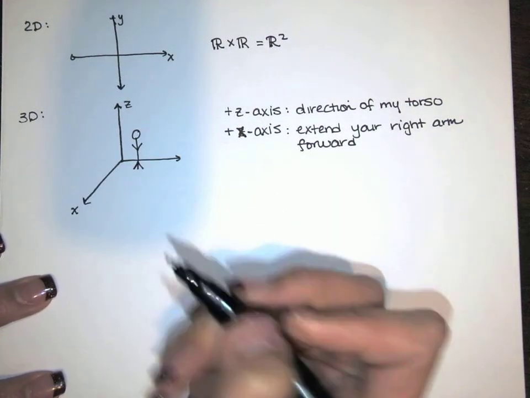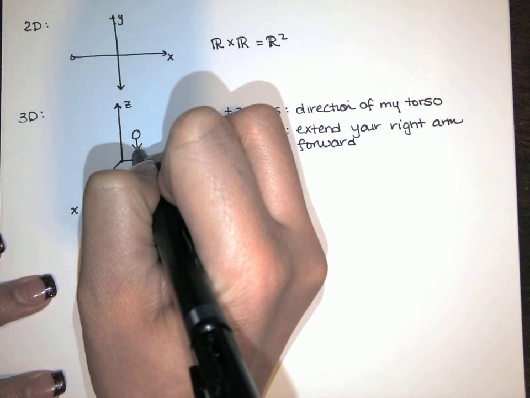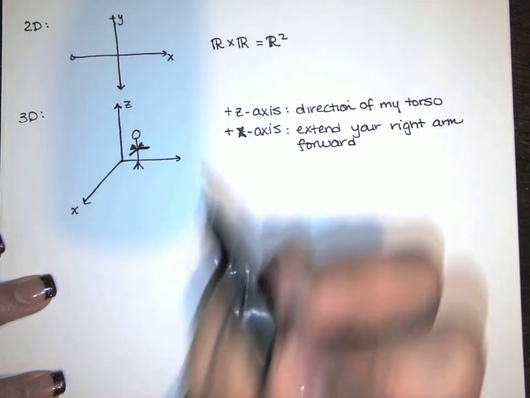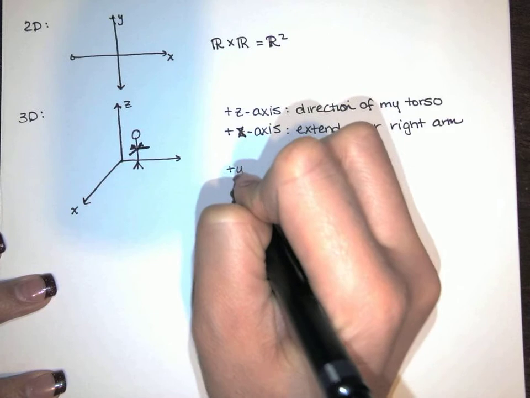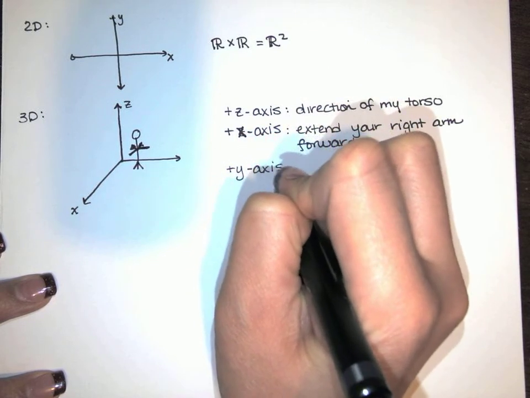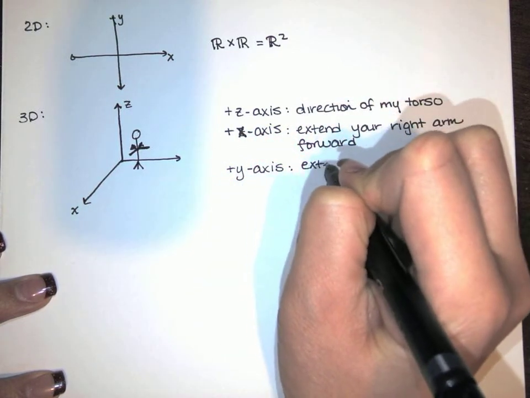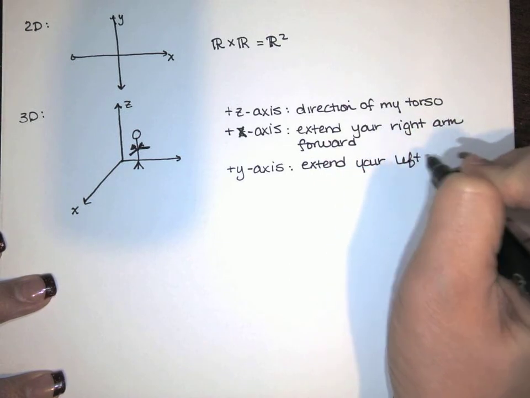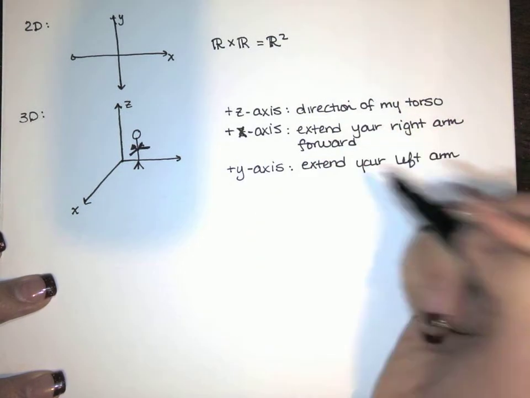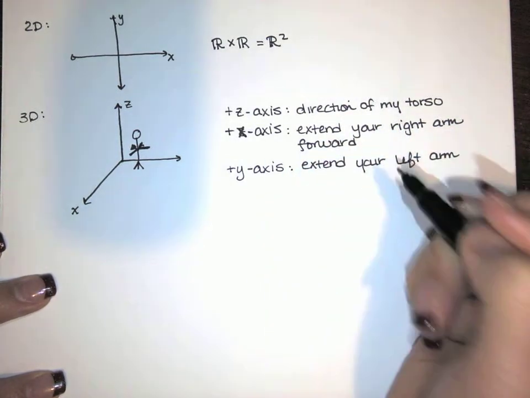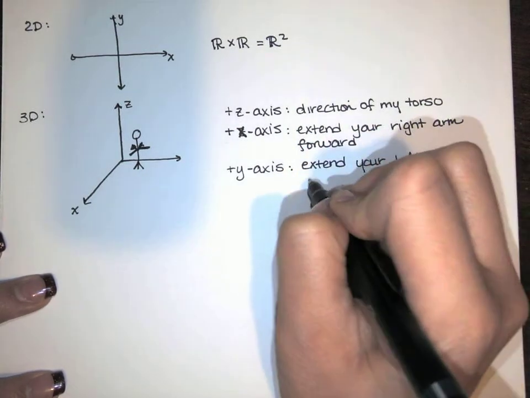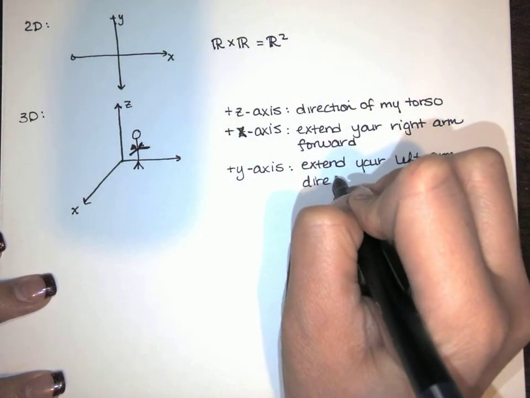And if you extend your right arm going forward, and then your left arm going to your left, your left arm is at a 90-degree angle from your right arm. You're going directly to the left.